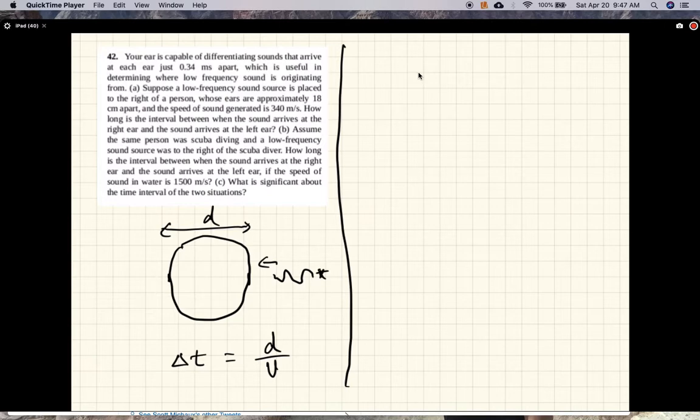So in air, delta T is d over v, which is 18 centimeters, so 18 times 10 to the minus 2 meters, and velocity is 340 meters per second.